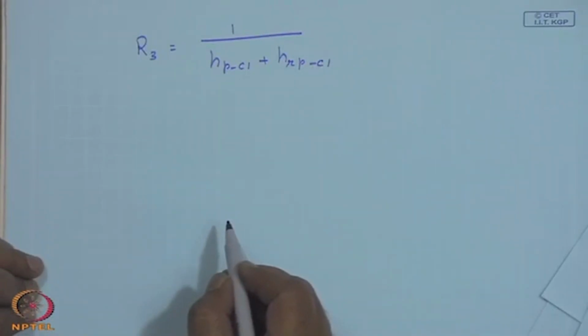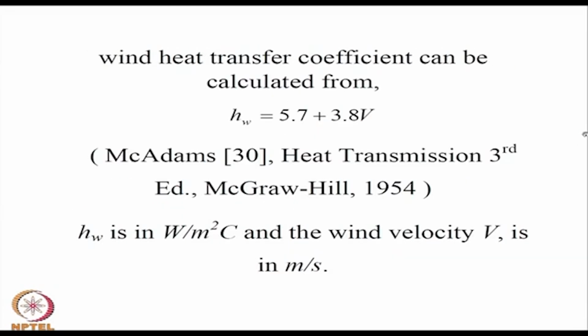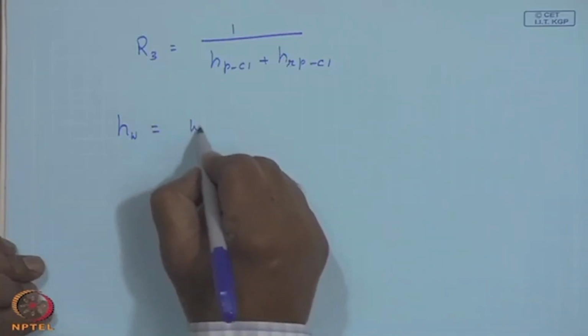So, the resistance from the top cover to surroundings has the same form as above, but the convection heat transfer coefficient is for wind across the collector, right. Now, this is R 3. So, what is H w? This is the wind heat transfer coefficient.